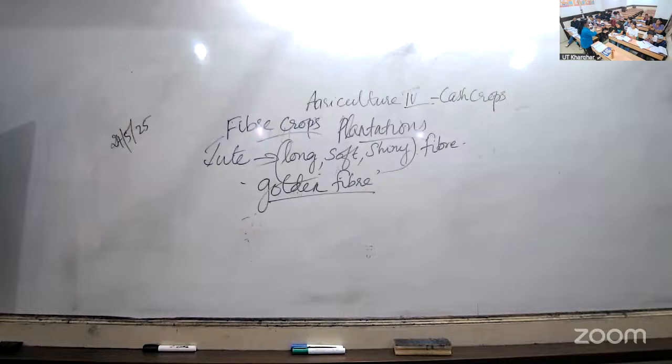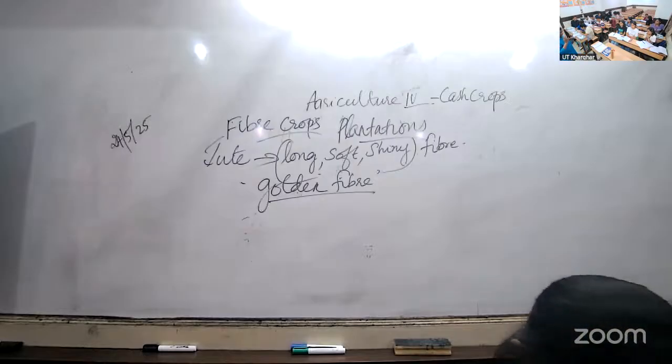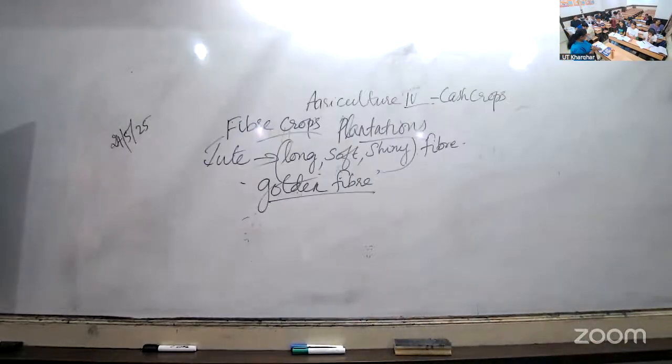Earlier, they used to give plastic. Now plastic is banned, so they are giving a white color bag. This is a variety of jute. It is low quality jute. Understood?